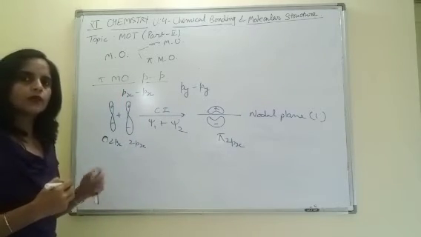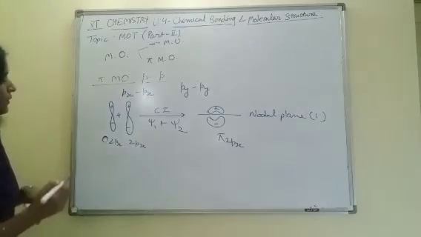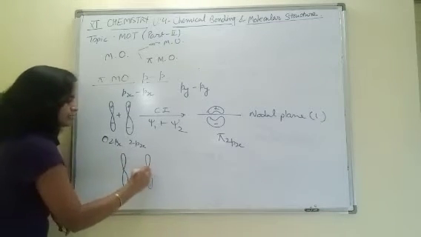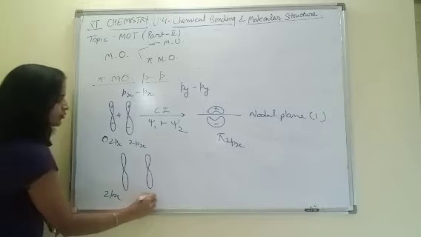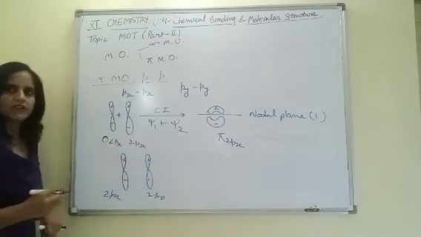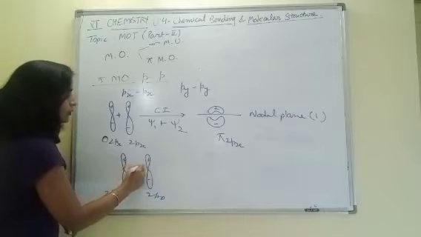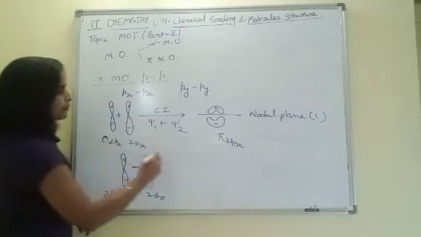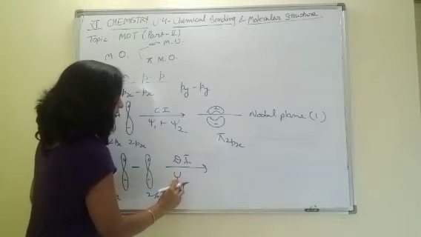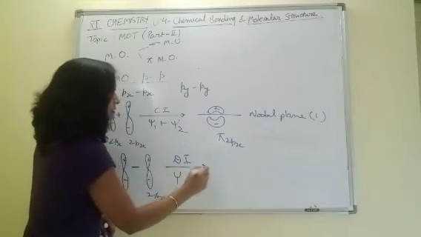Understood? Now we talk about the formation of antibonding pi. First p, second p, 2px, 2px. These are the representations of the wave functions, and of course destructive interference. I think now you people can easily represent all these things.